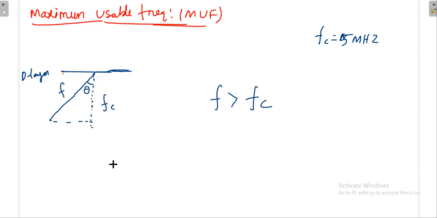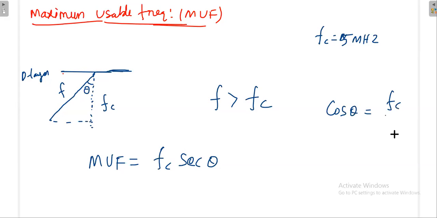Now say f is the maximum usable frequency. The maximum usable frequency f is equal to fc secant theta. You can apply that trigonometric relation: if you apply cos theta here, you will get fc divided by f. So f is fc times 1 by cos theta, which is secant theta.